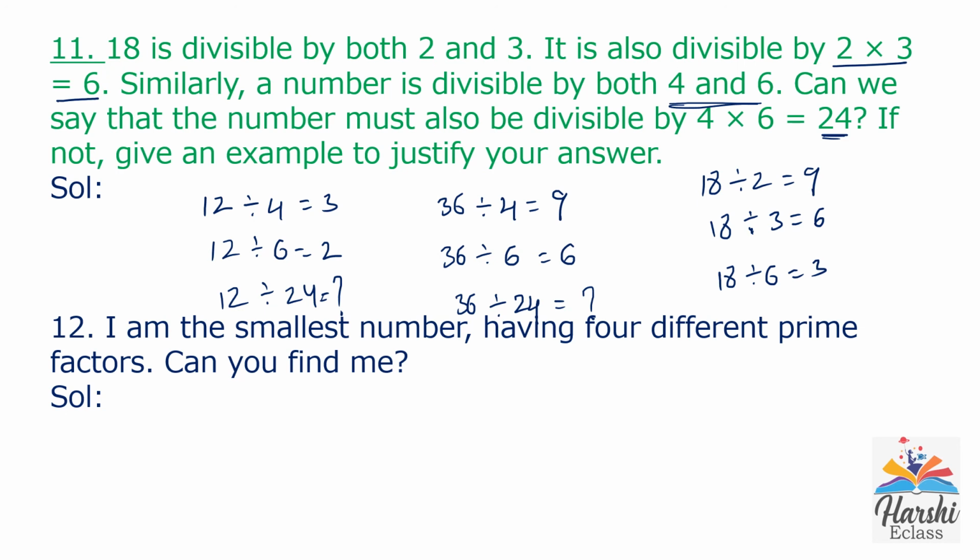The smallest prime numbers: 2 is the smallest prime number, after that 3, next prime number 5 and next 7. The product is the smallest number which has 4 different prime factors. 2 threes are 6, 6 fives are 30, 30 sevens are 210. Here the smallest number is 210.